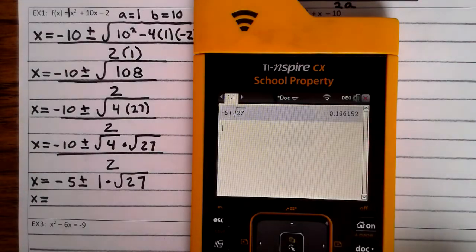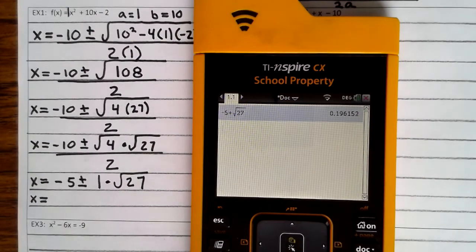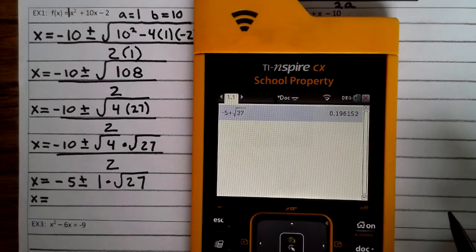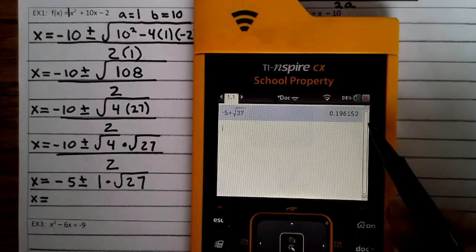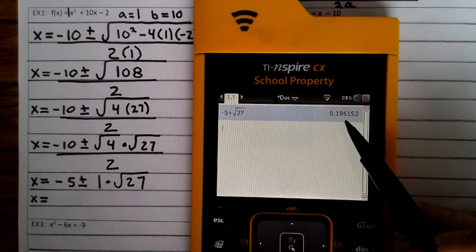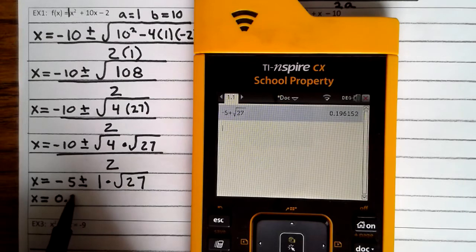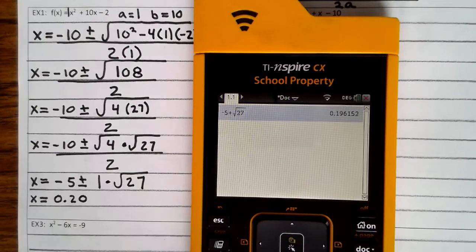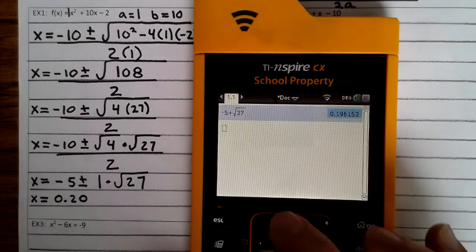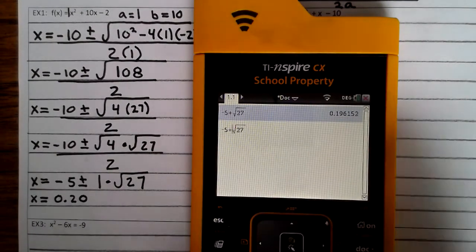So the 6 rounds the 9 up to 10, which rounds it up to 2. So this is 0.20. Now don't forget though, we need to do the minus. So I'm going to highlight, press enter, change the plus to a minus, and now we get negative 10.20.